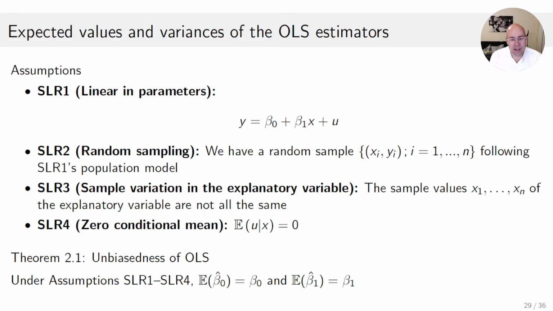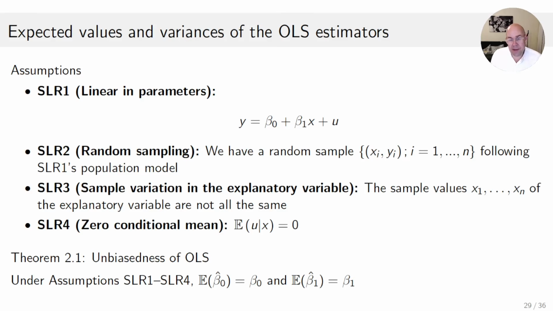The next assumption, SLR4, is the one of zero conditional mean, and we've seen that before as well. It says that the expectation of u given x is equal to 0. We have discussed before that two things are important here. One thing is that for each value of x, the expectation of u is the same, so it does not depend on x.